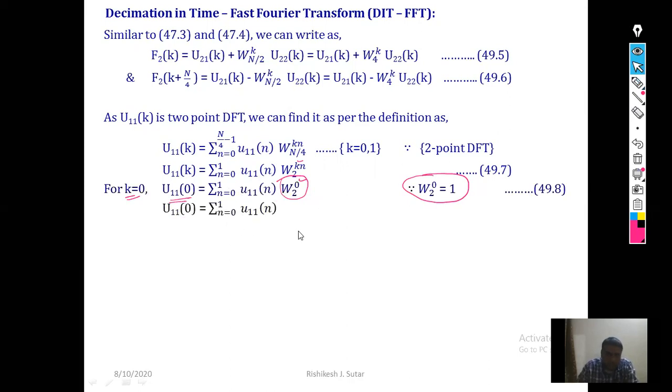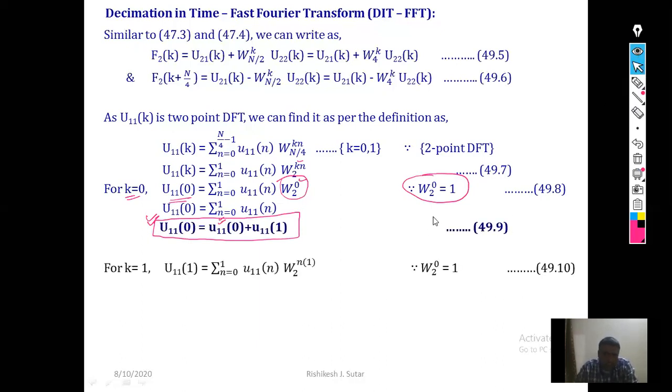So we get U11 of 0 equal to u11 of 0 plus u11 of 1. This capital U is the DFT and this small u is the discrete time signal, or discrete time sample, you can say.